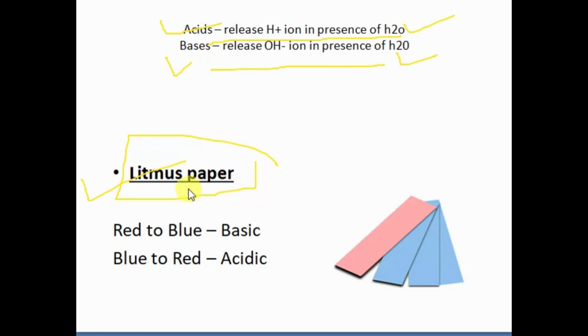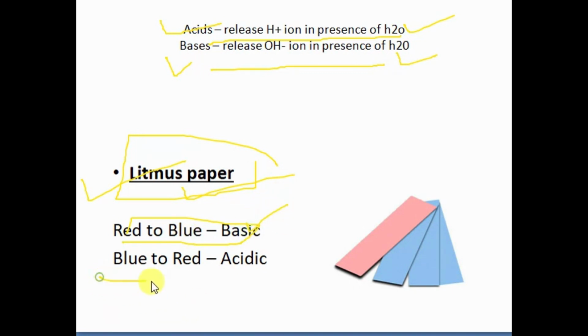For that, you'll take litmus paper. If you have two three bottles, you'll take one bottle. With the help of your dropper, you'll put a drop of that particular chemical on the litmus paper. If red litmus paper is changing to blue, it means the chemical that you have taken was basic in nature.